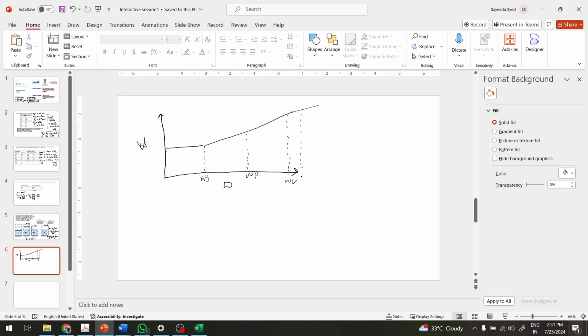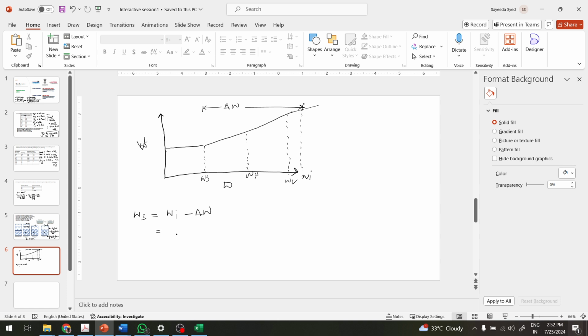If we say the initial water content was here, and this is the extra water content above the shrinkage limit, what we are calculating is Ws equals Wi minus delta W.